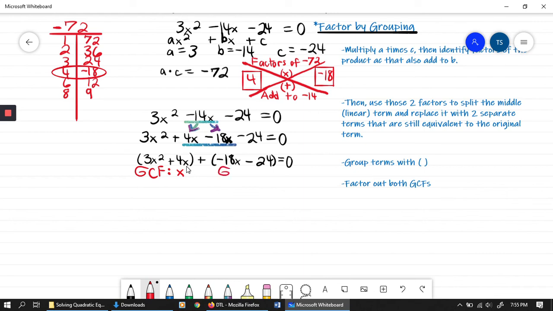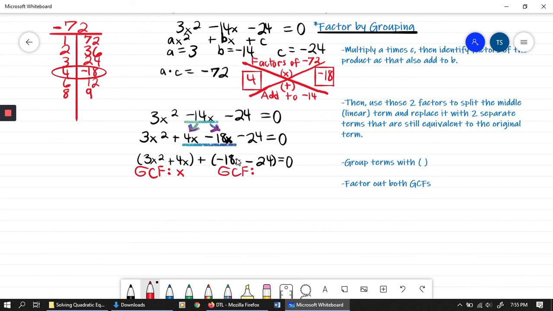For the second group, they don't have any x's in common because the 24 does not even have any variables. So between the constants, negative 18 and negative 24, the greatest common factor there is 6.